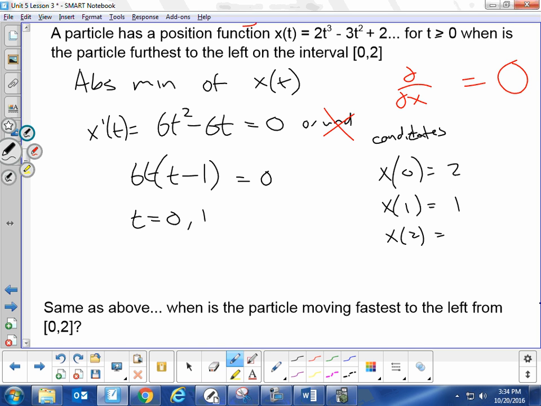And 2, I have 16 minus 12, which is 4, plus 2 is 6. So it turns out 1 is my absolute min. So that will be when the particle is farthest left.